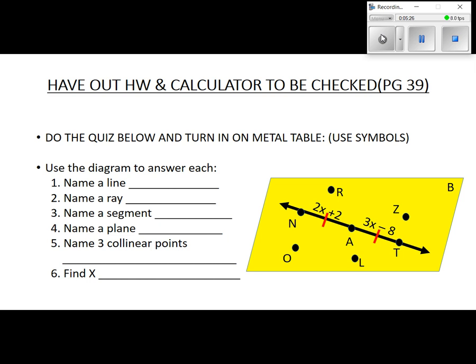Now I'm going to watch for something like that. I wouldn't have any idea. I look at it, you've got two letters, that's a line. Got the line symbol, that's what I look at. I'm hoping that none of you would actually pick letters that aren't even on the picture to name any of these. That's why I said, my answer key probably looks something like this.